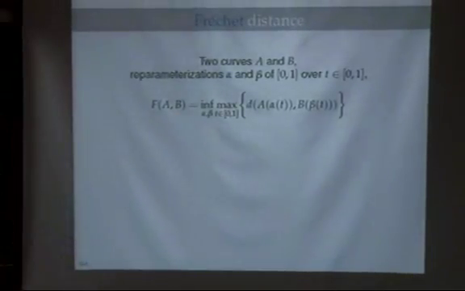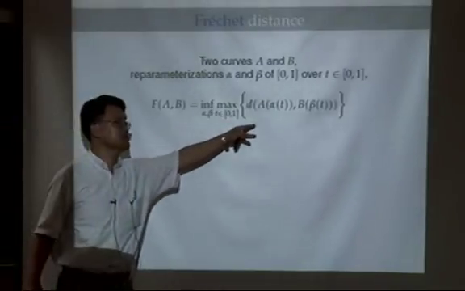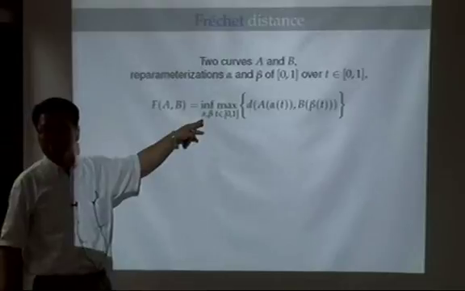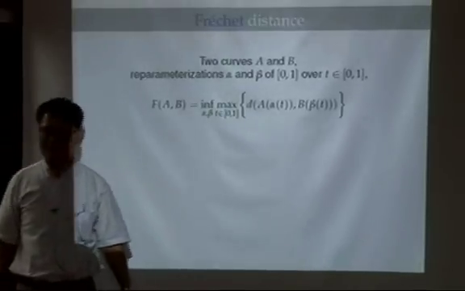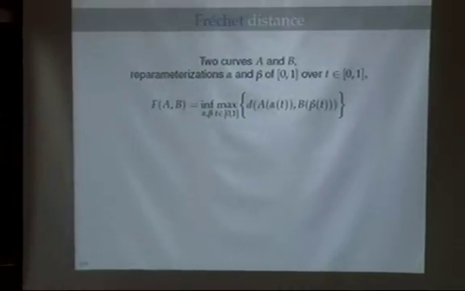Maximum means, what is the maximum distance between two points here? And you take over all possible reparameterizations, an infinite number of them. Among all those reparameterizations, you take the infimum of all possible maximum values. This is the Fréchet distance.